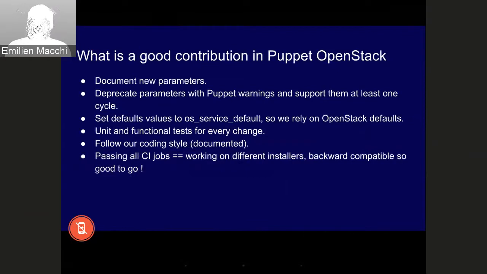Not everything is documented, but most of the bits are, and it's good to follow them. And of course, your patch has to pass the CI jobs, because if it works for TripleO, if it works for Fuel, if it works for the integration jobs that we have, there is a good chance that your patch will be good to go.